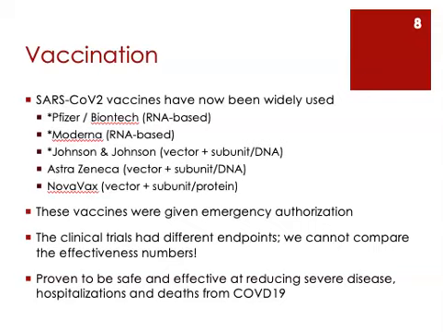Now, there have been some reports of side effects, damaging, dangerous side effects, particularly with Johnson & Johnson. You've probably heard about the blood clotting issue. And the RNA vaccines, you may have heard about the myocarditis or cardiac inflammation issue that sometimes arises with the RNA vaccines.